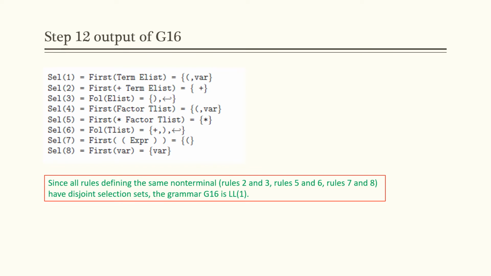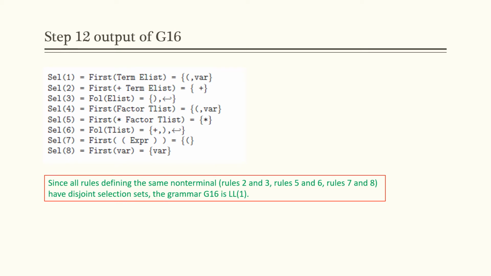This is what we get for the selection set for each of the rules in grammar G16. If you look into the selection set for each rule, we see that the rules defining the same non-terminal, which are rules 2 and 3, 5 and 6, and 7 and 8, all have disjoint selection sets. That means they do not have a similar selection set.